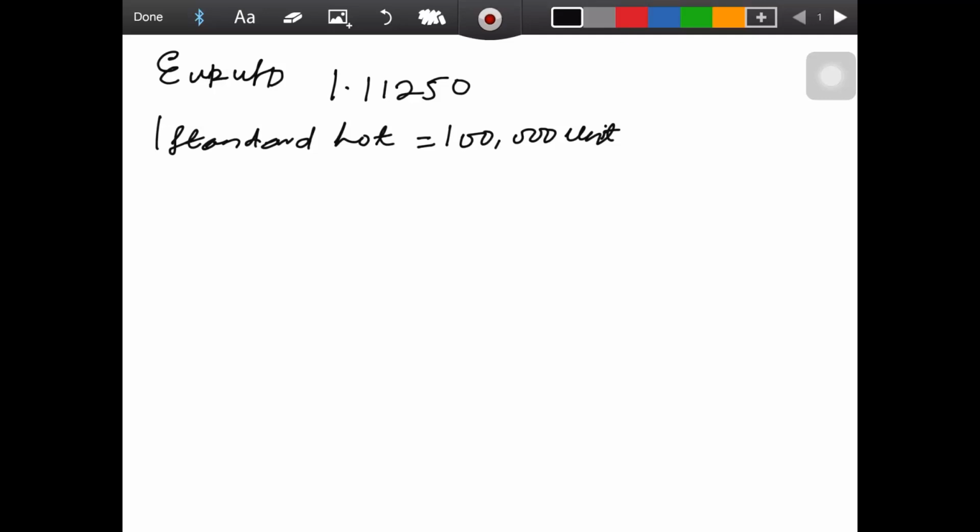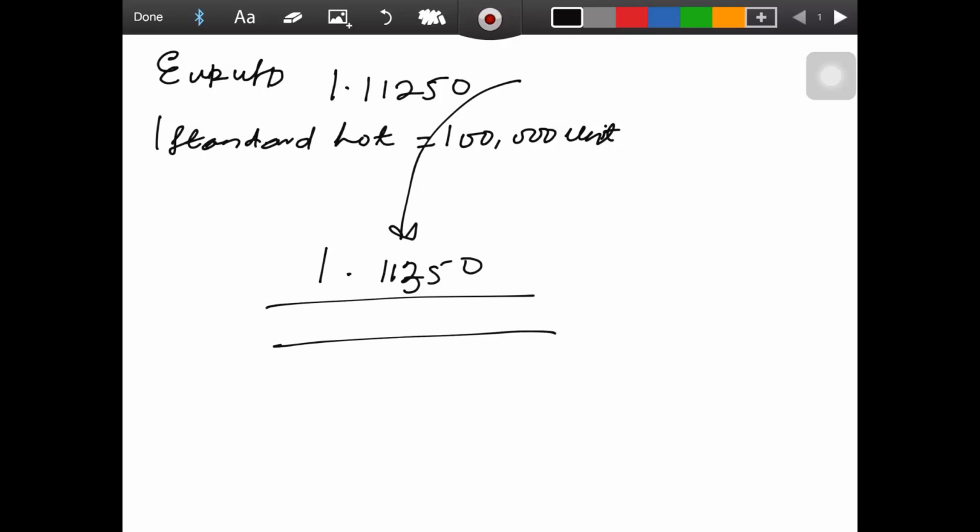Okay, now this 100,000 units, when the price moves from 1.11250 and it moves to 1.11350, if we do your calculation the way we did yesterday to know the number of pips, this is 350 minus 250, that's 100.